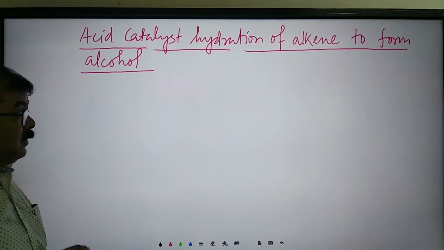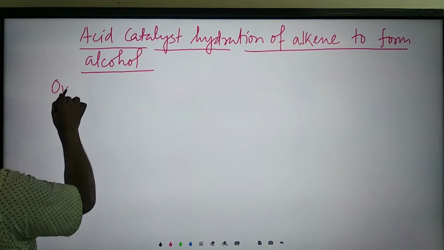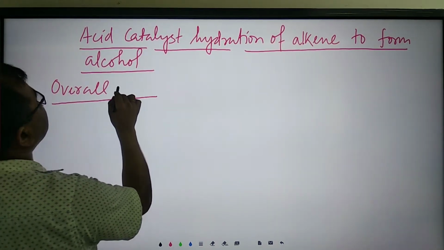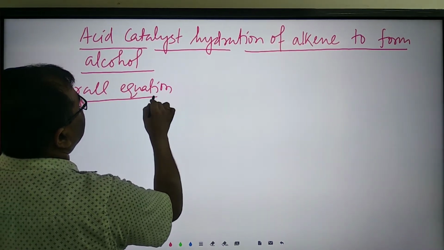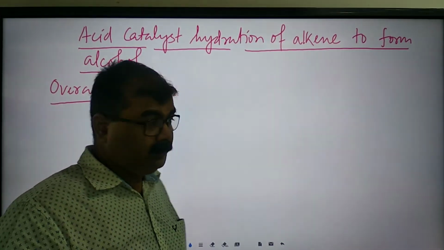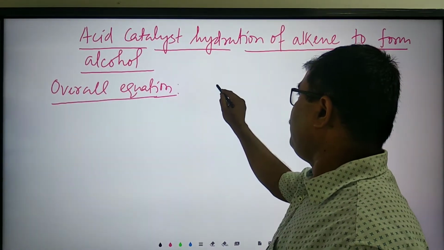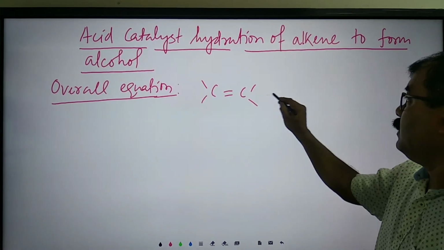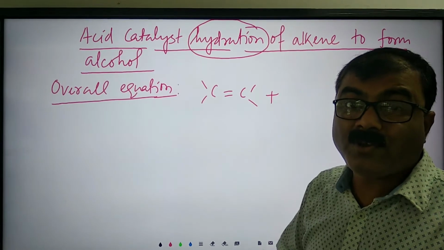So first of all, you should write the overall reaction. Here I am writing the overall reaction or overall equation, you can say. That is the general equation. You may be asked the specific one also. So what is the general overall equation? Alkene. Since it is hydration, hydration means addition of water.